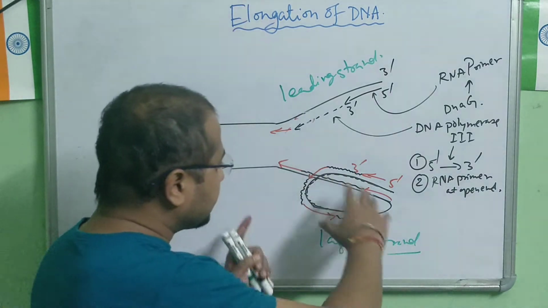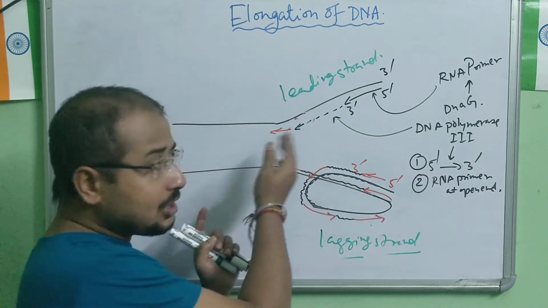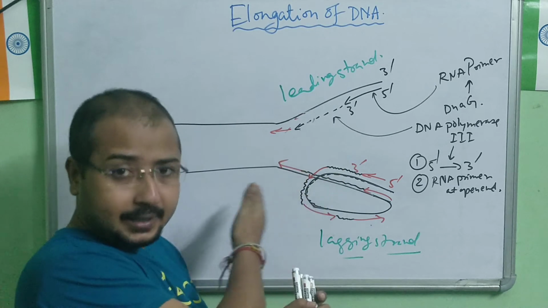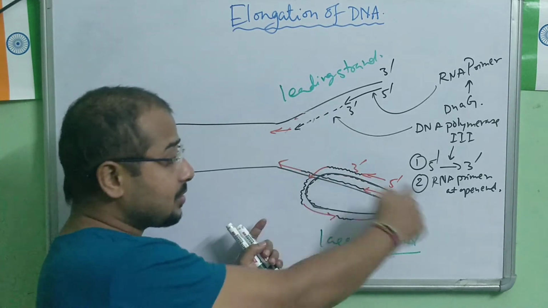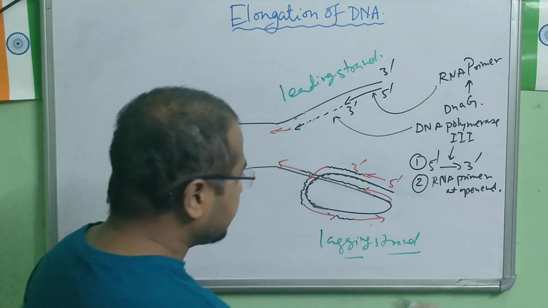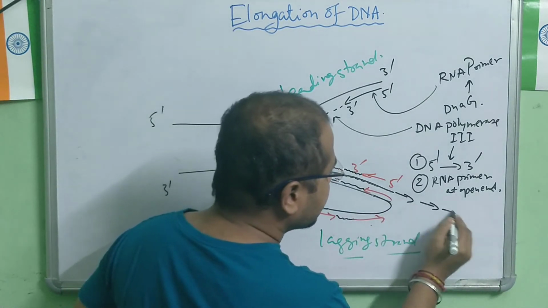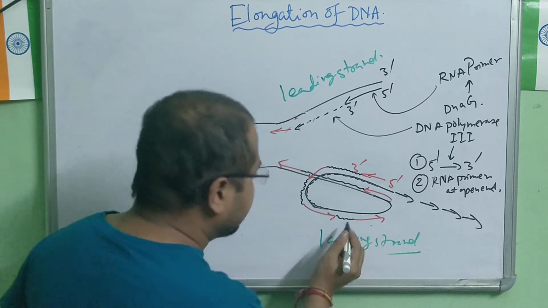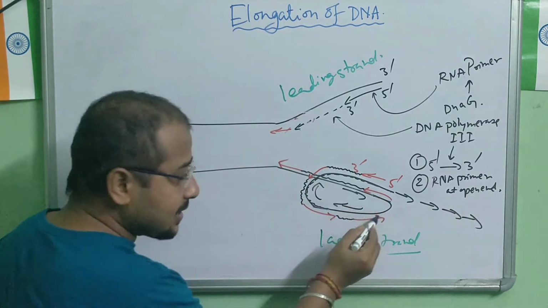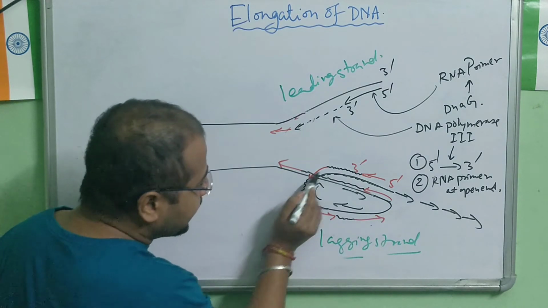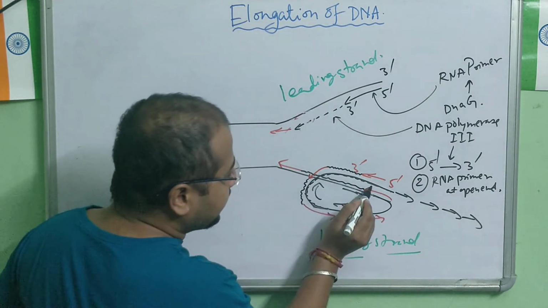The DNA strand is continuously melting, and the fold, the loop, is continuously forming. So this part keeps extending in this direction, and this part keeps moving in this direction continuously.